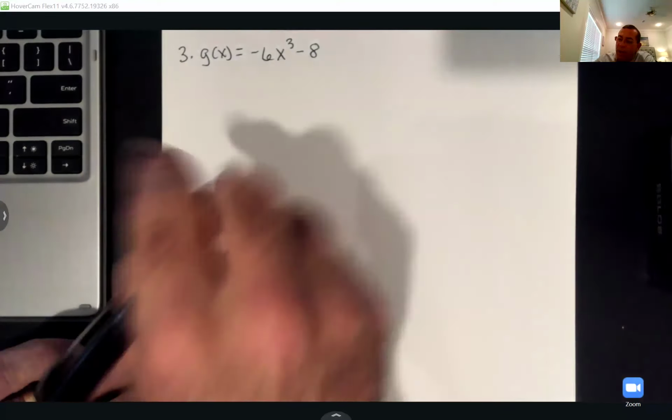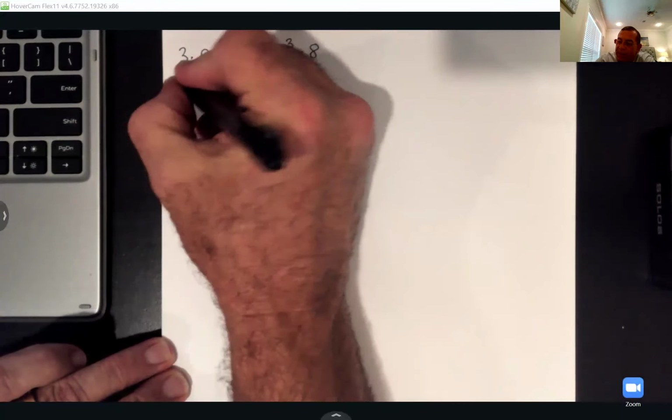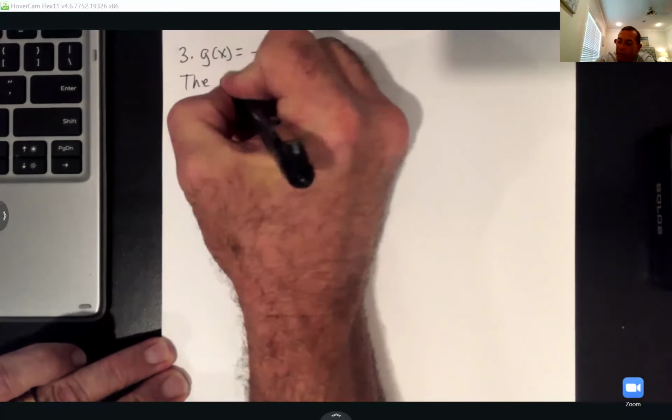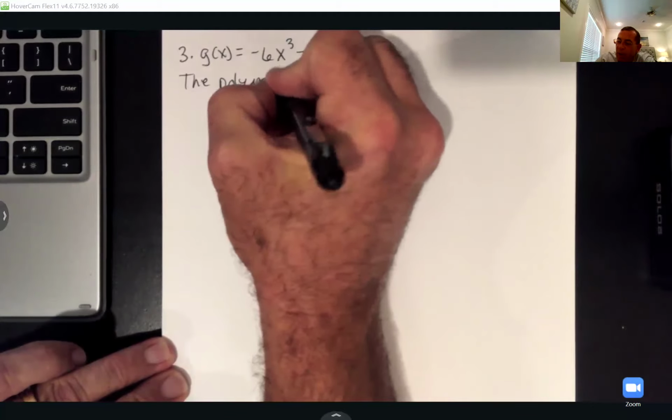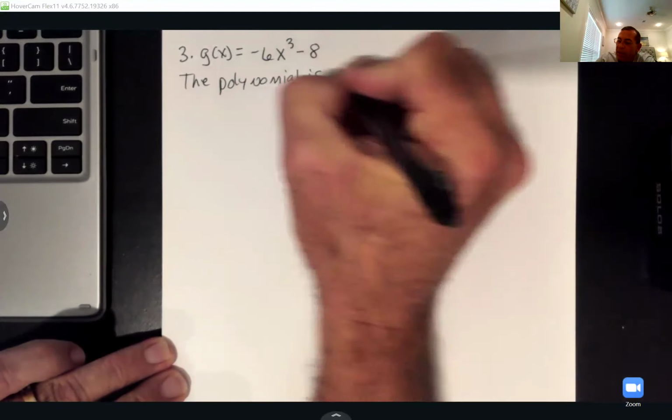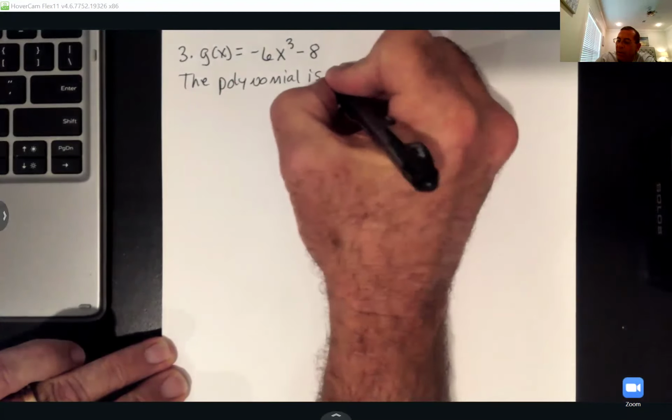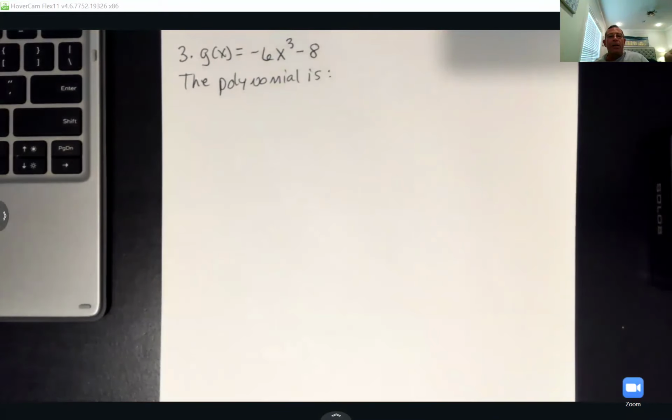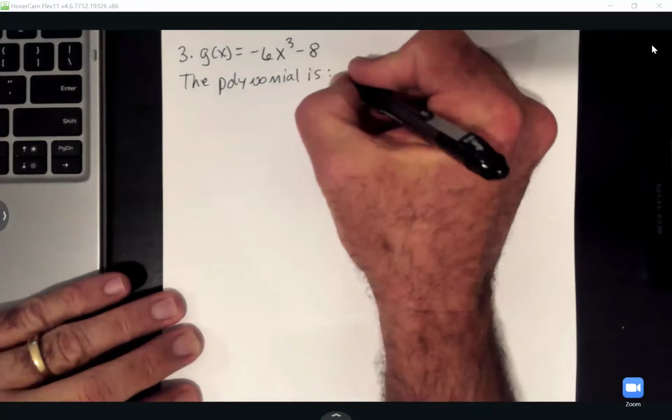So first of all, I want to know what kind of polynomial it is, because they're going out of order on this one. So the polynomial is constant, linear, quadratic, cubic, or quartic? It is definitely cubic.